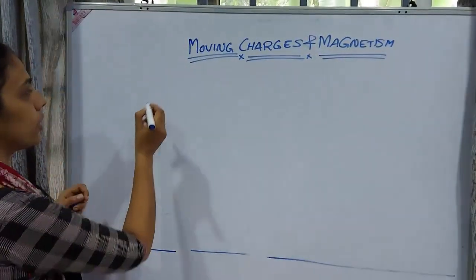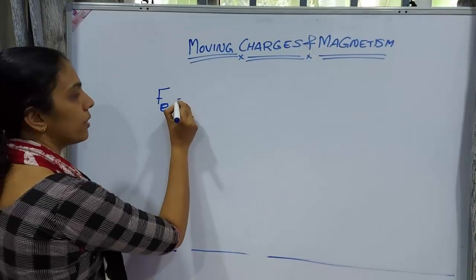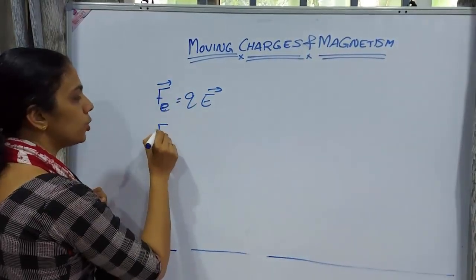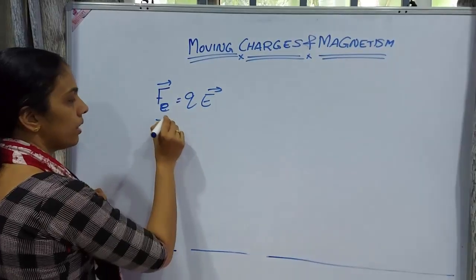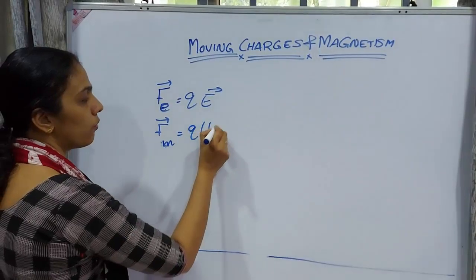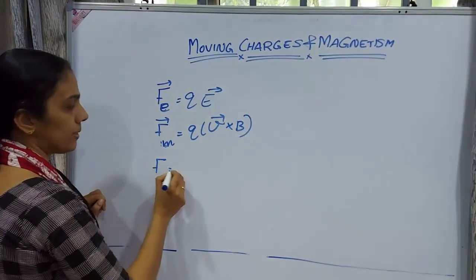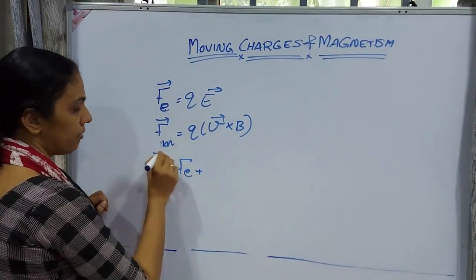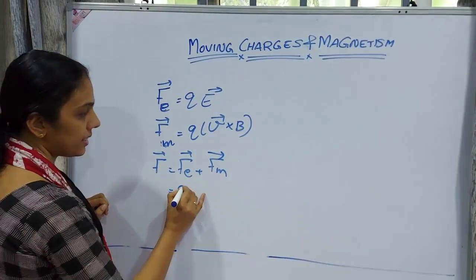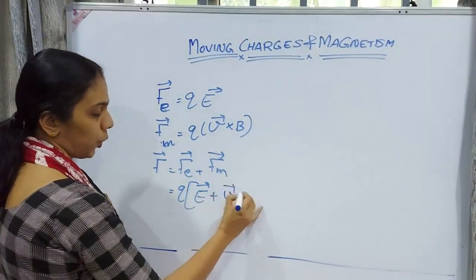Force due to electric field is Fe equal to QE, and force due to magnetic field Fm is equal to Q into V cross B. So the net force is Fe plus Fm, which we can write as Q into E plus V cross B.